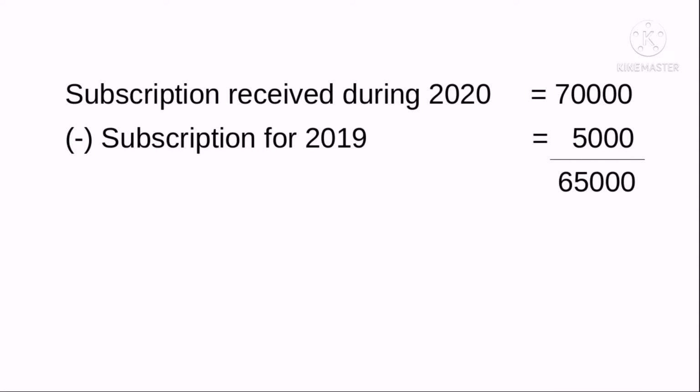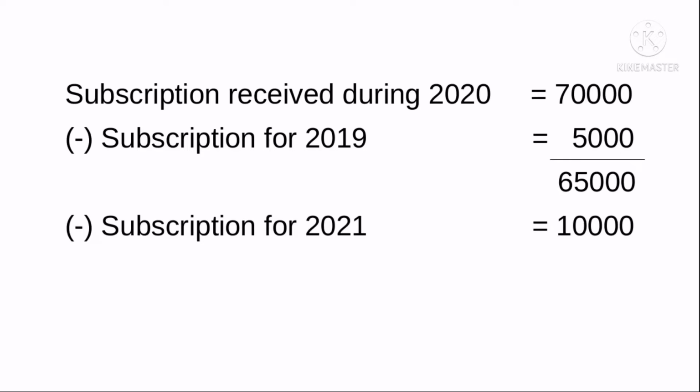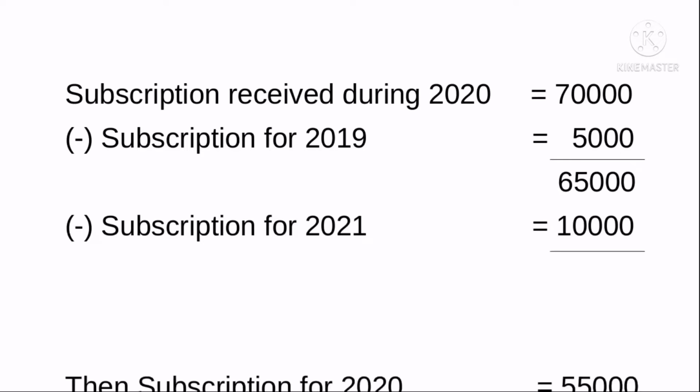Again, rupees 10,000 related to 2021. That also should be deducted. Then balance 55,000 rupees. Now, we will learn how to find out the actual amount of subscription for the current year if such questions are received.